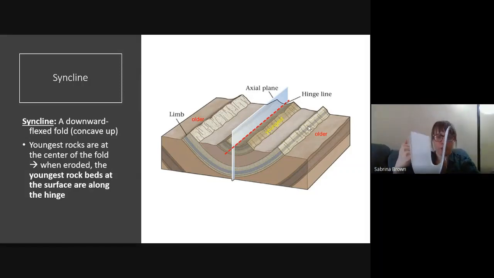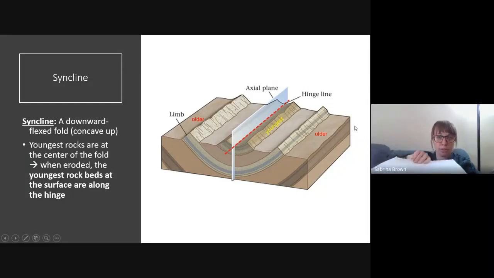The oldest layers are on the outside, which means the youngest layers are going to be along our hinge line, and the oldest layers are going to be farther away from our hinge, right? So with the syncline, youngest layers towards the hinge, oldest layers on the outside.